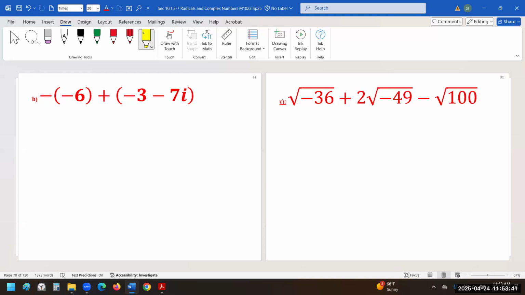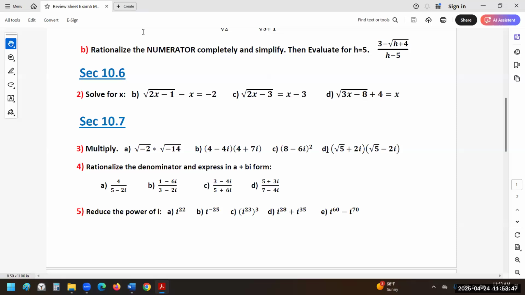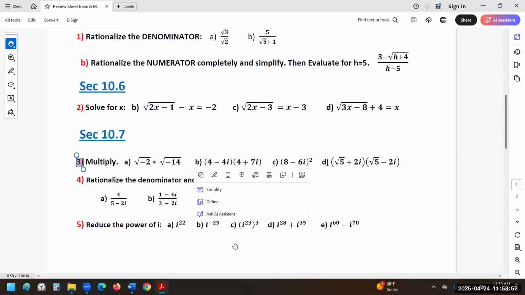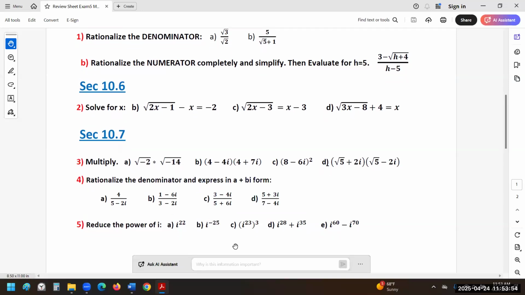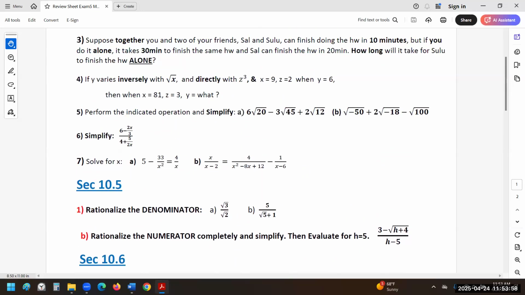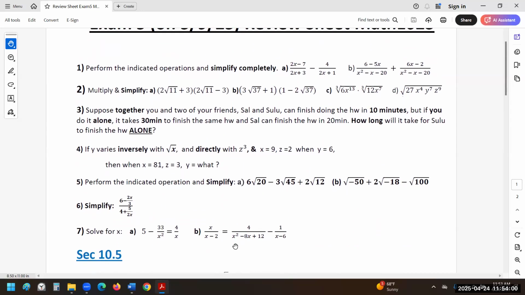Oh, I actually changed this into something, I forgot. Sorry. Let me look at the review sheet. What did I do? Oh, here. Negative 50, okay, negative 2 times negative 18.